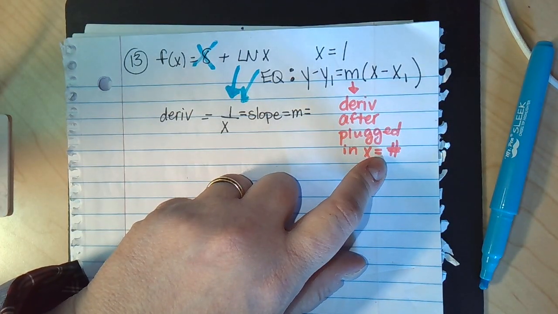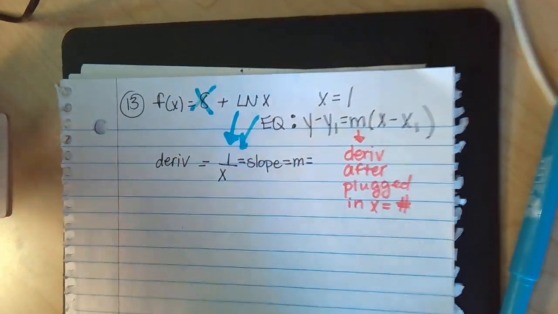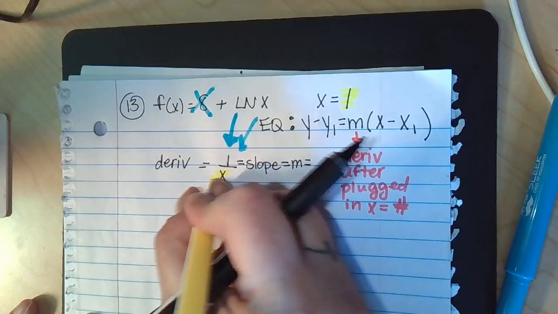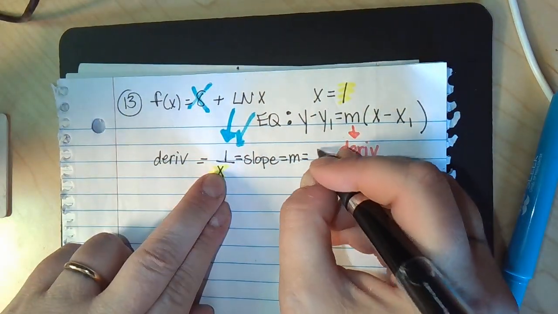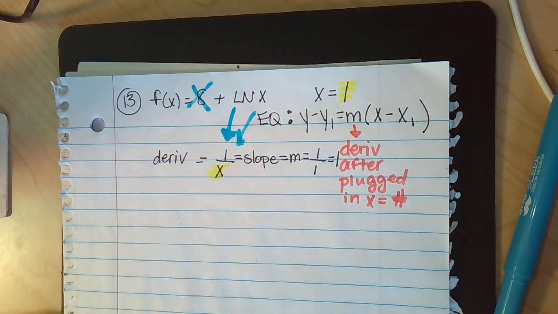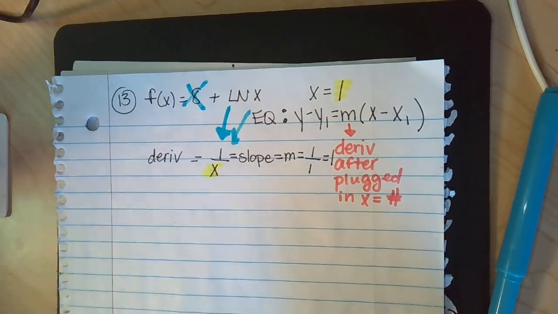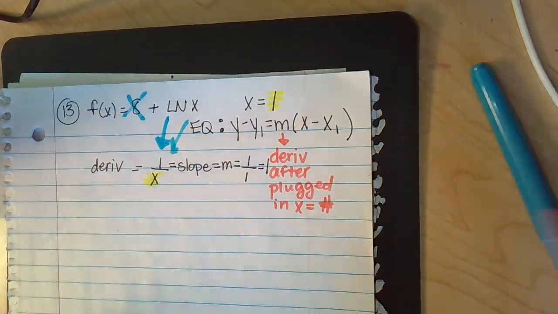So they gave us 1. So I'm going to take this 1 that they gave us and plug it in where the x is. Okay, so instead of 1 over x, we have 1 over 1, and that gives you 1 when you divide it. All right, so we have the m.